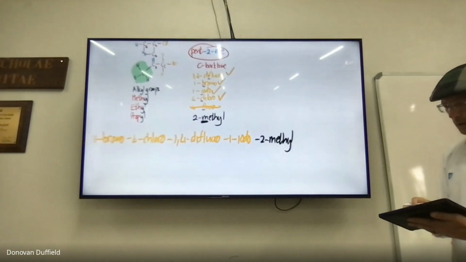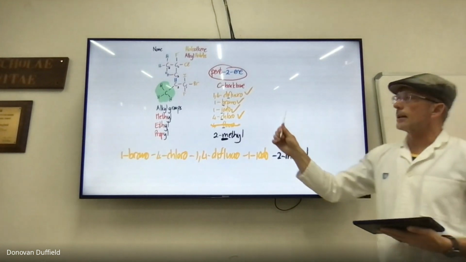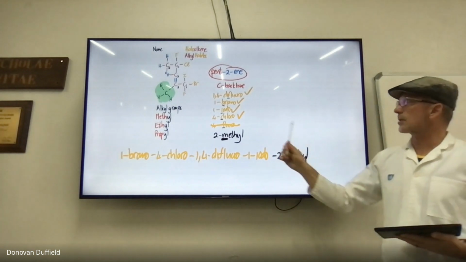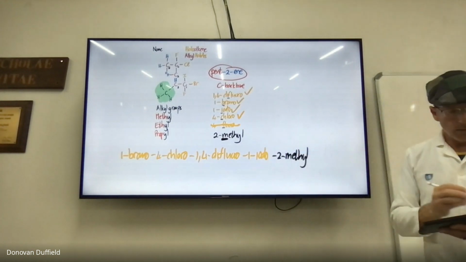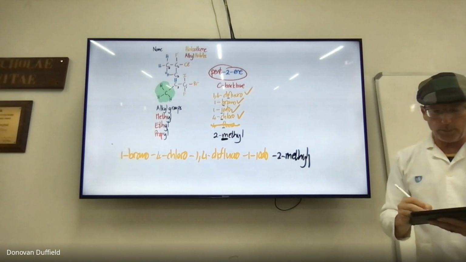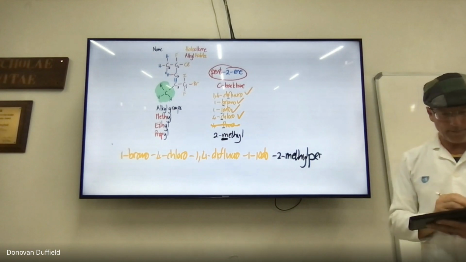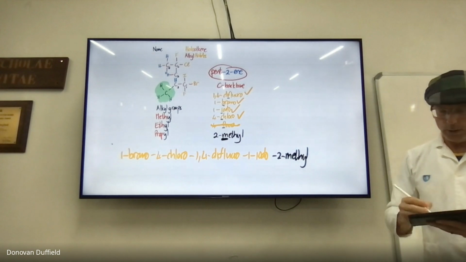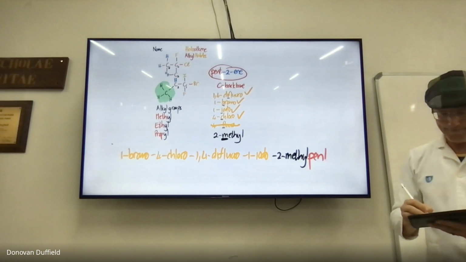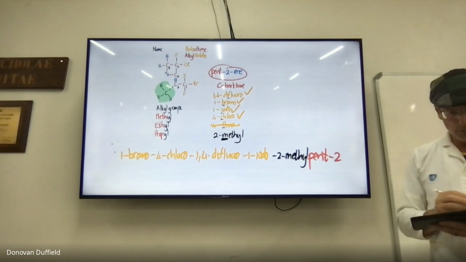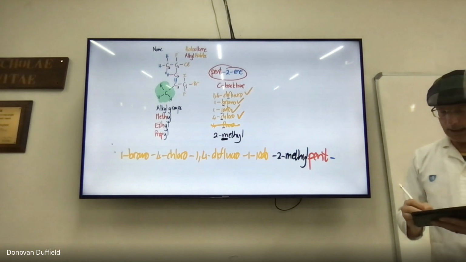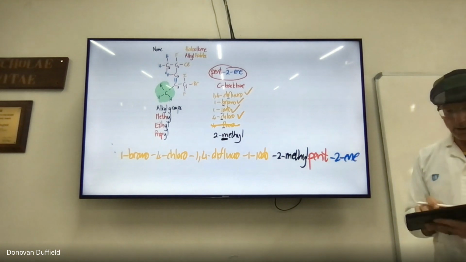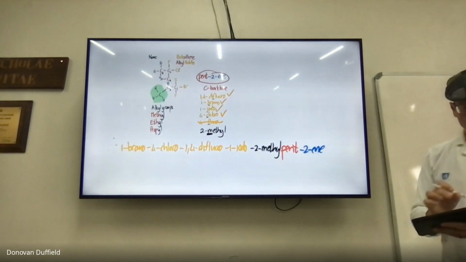And then last but not least, people debate about whether you should leave a space or not. I generally don't leave a space. I put the backbone in right there. I go pent-2-yne.